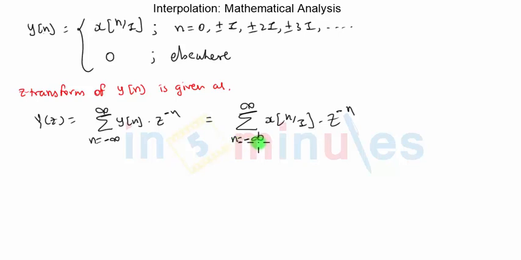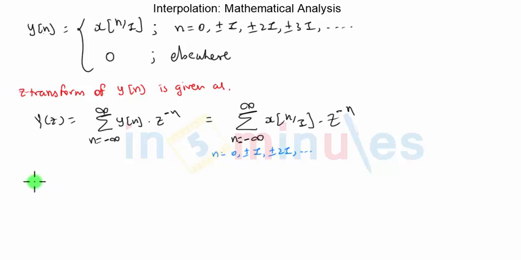If you want, you can just mention in the range of n that n is taking values like 0, plus minus I, plus minus 2i, and so on. For any other value of n apart from this, we cannot substitute x of n by I. In that case, we have to substitute a 0 for y of n. Now we'll do something similar to what we did in the mathematical analysis of decimation.